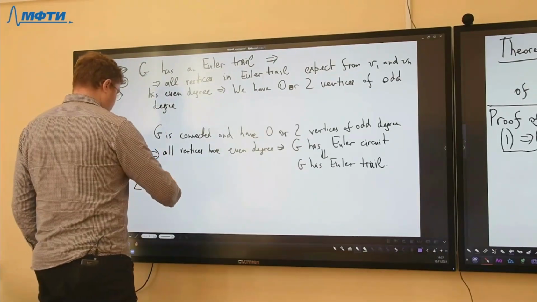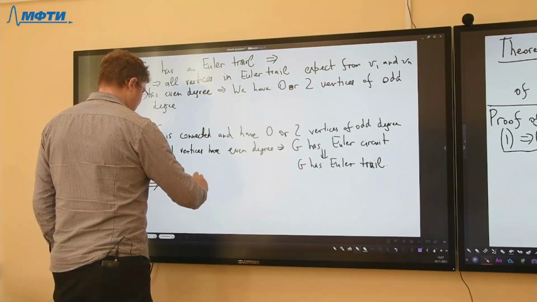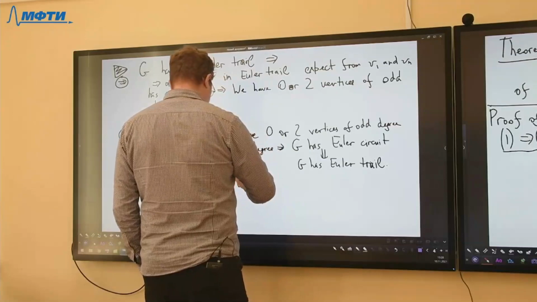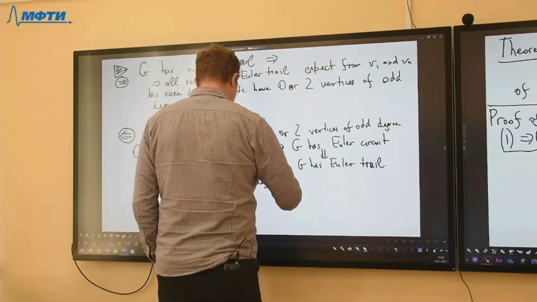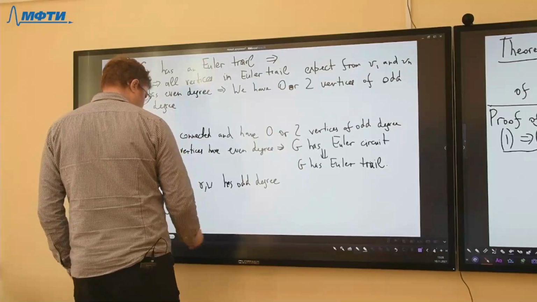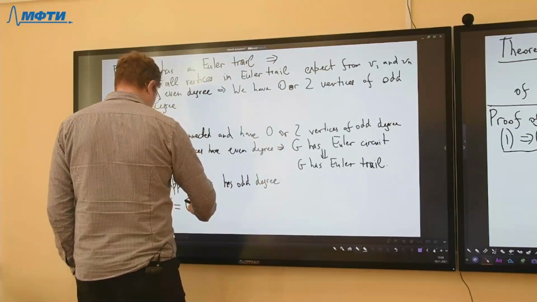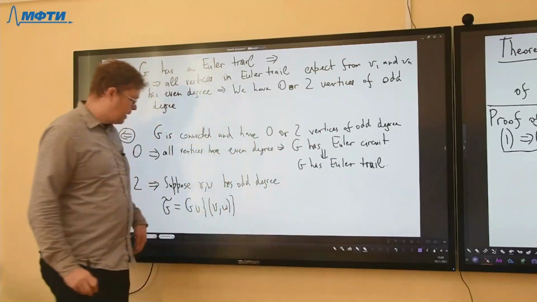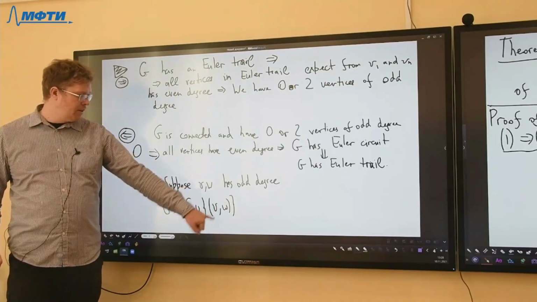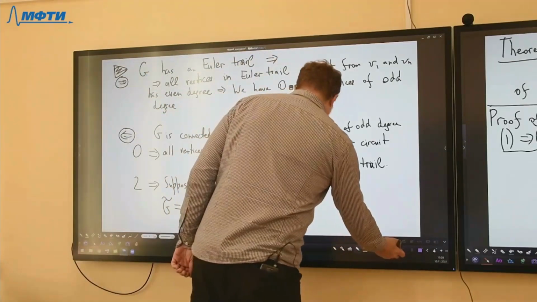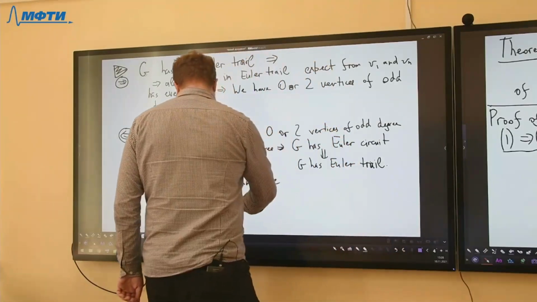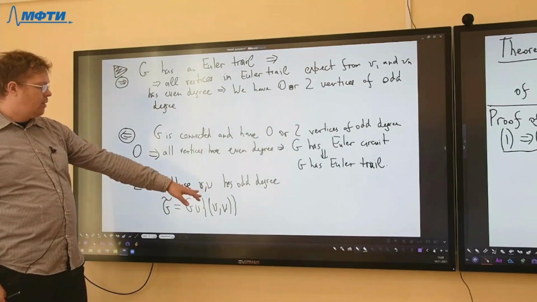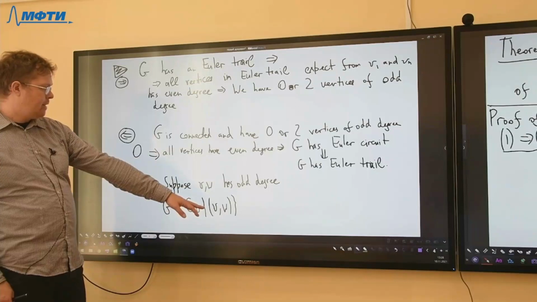So suppose V and W have odd degree. Let's look at the new graph, obtained from the previous one by adding a new edge connecting V and W. Here I use the notation of a multigraph, because maybe there was already an edge between them, and now I add the same edge twice.